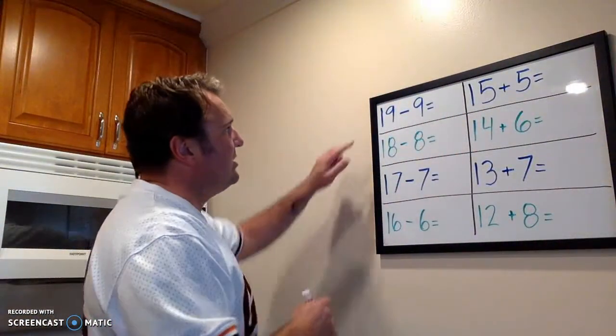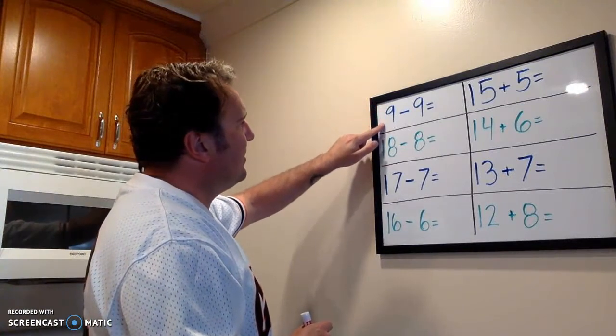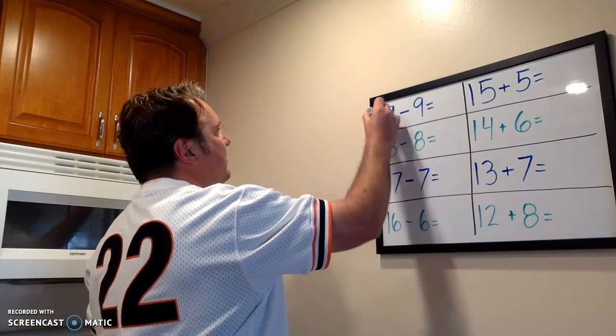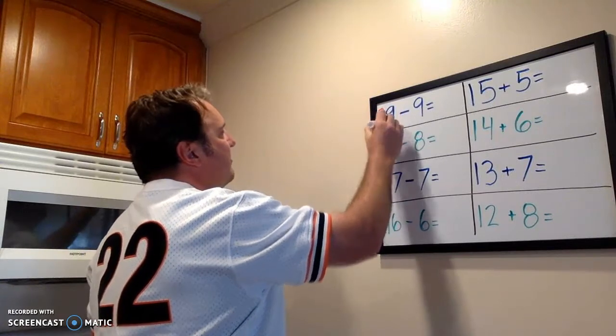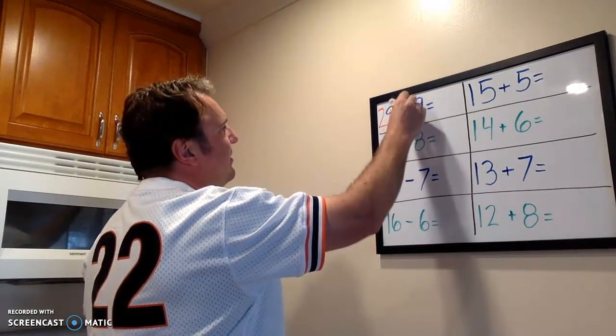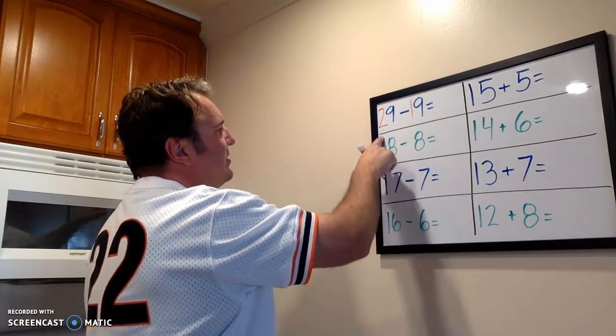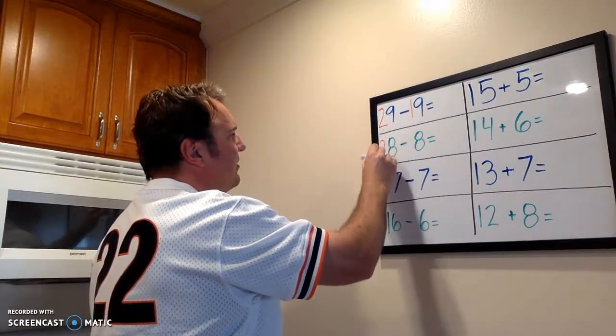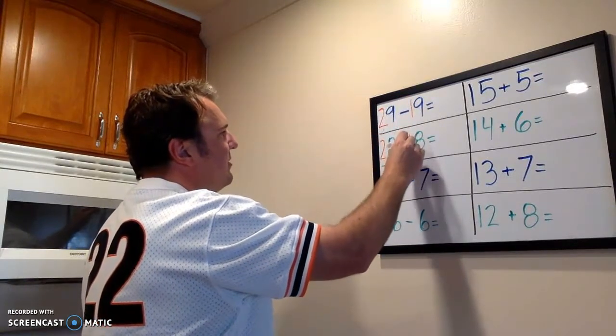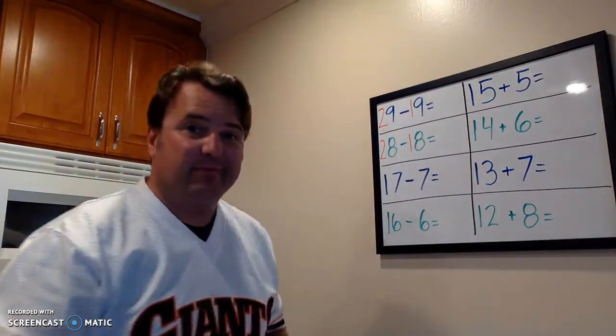I want you to change all of the ones to twos and put a 1 in front of the next number. So this would become a 2, and this would become a 1. Good luck. That's tricky.